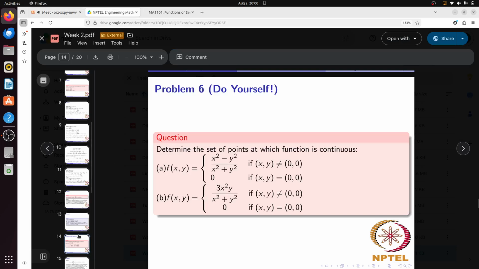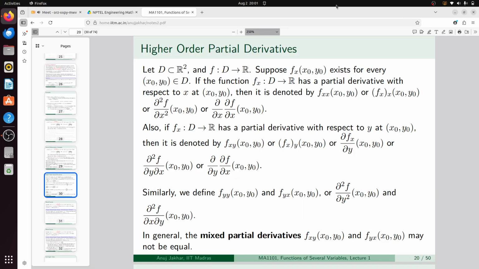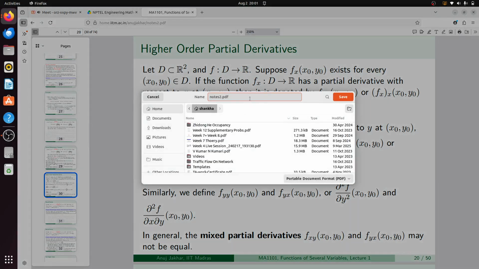Okay, just note down the questions. I will upload Professor Jhakar's notes also.